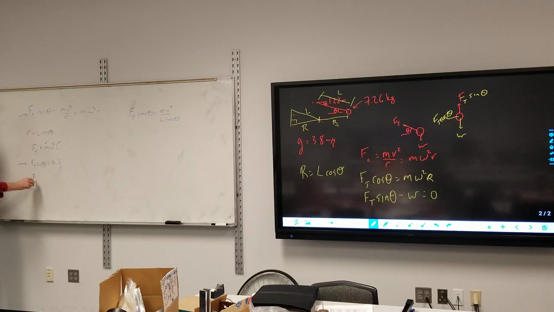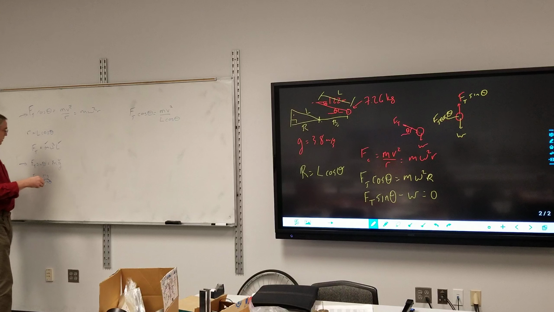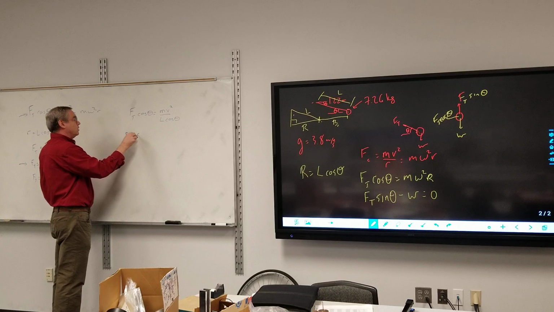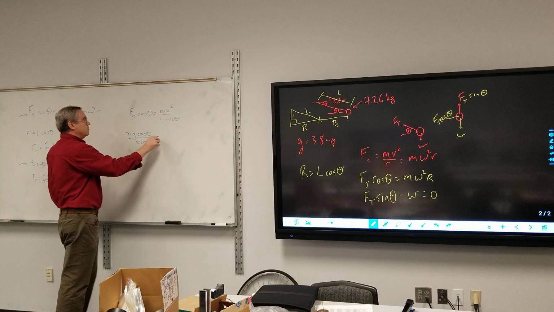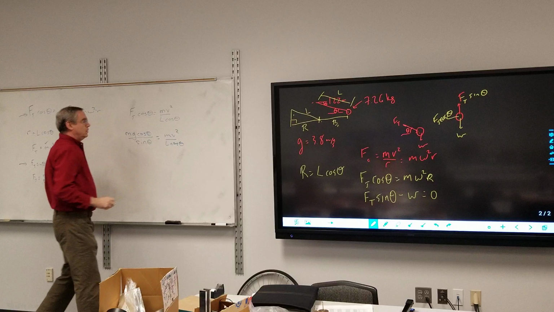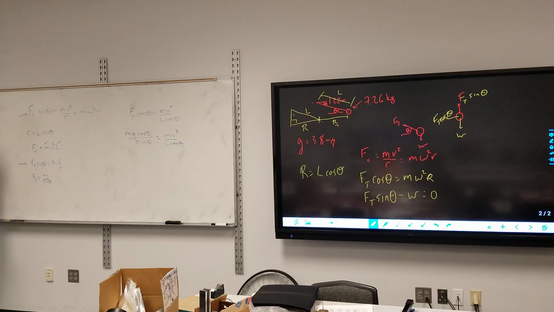So tension is equal to mg over sine theta. Plug that into here. So I have mg cosine theta over sine theta is equal to mv squared over L cosine theta. So at this point, I have only one unknown, theta. Solve.